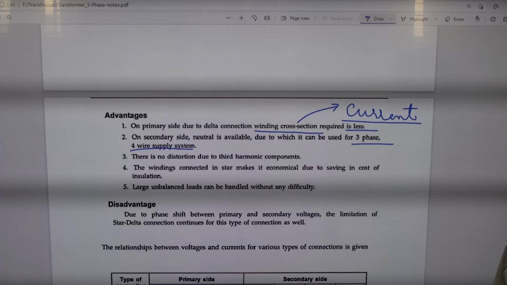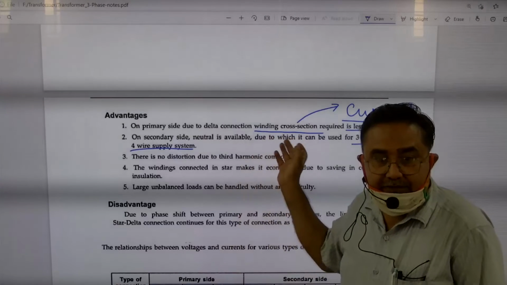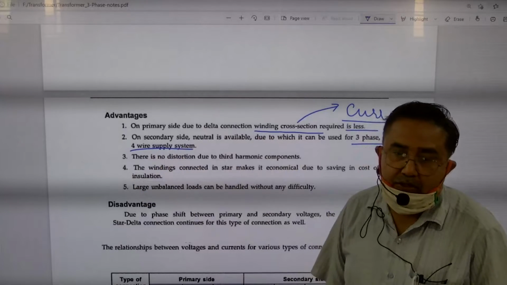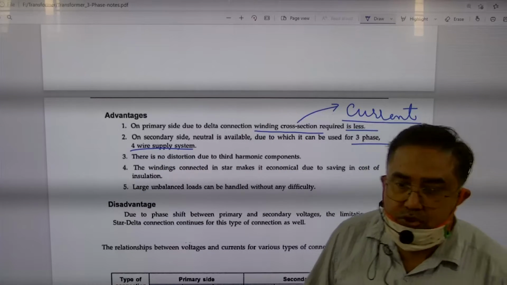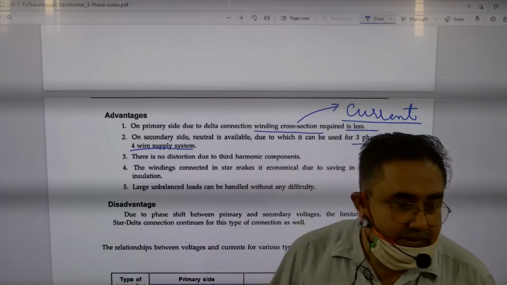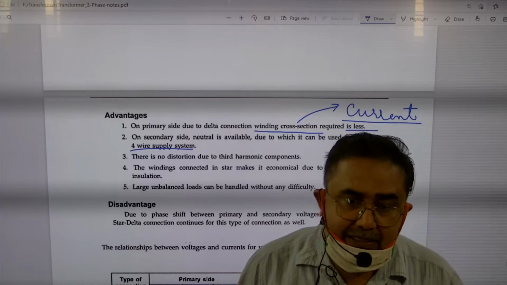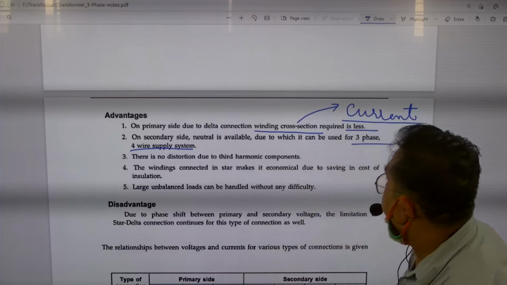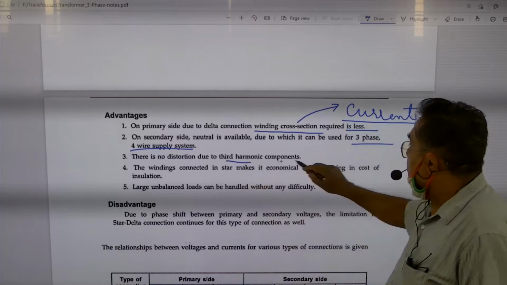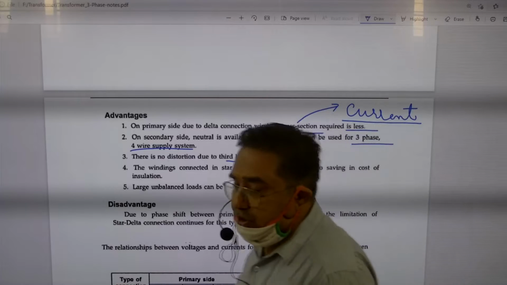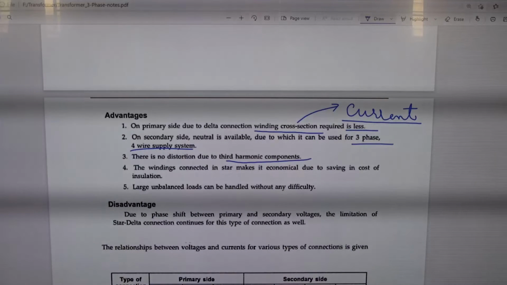So हर फेज में एक AC means you have to go for 3 phase 4 wire system. Or if you are having light loads only, then you can go for single phase, that is 2 wire system, phase and neutral. Now there is no distortion due to third harmonic component, because the path is being provided by the neutral. Is it clear?